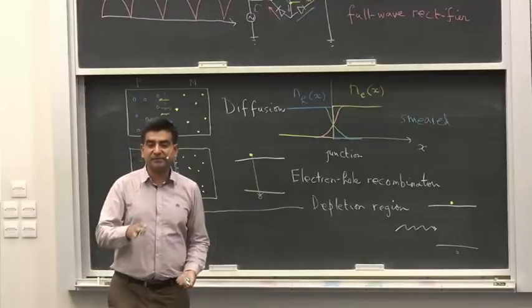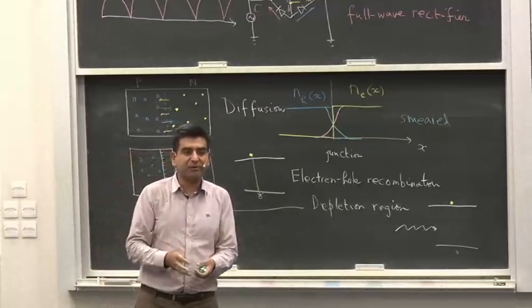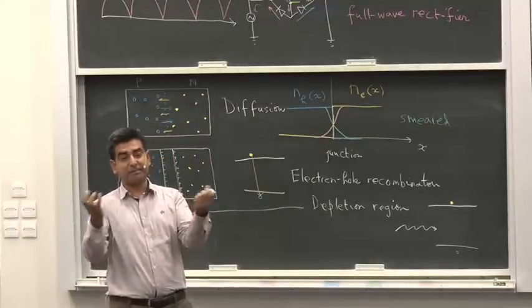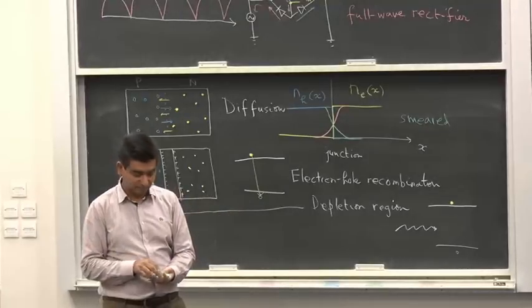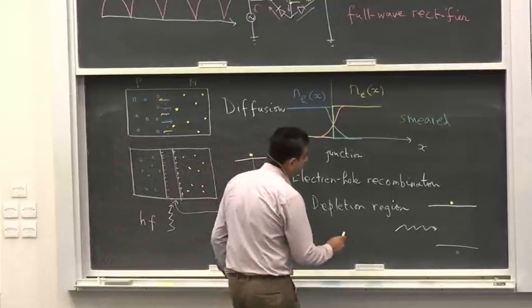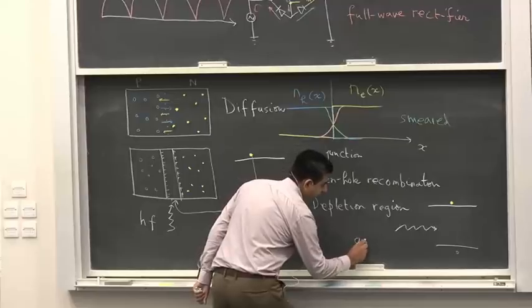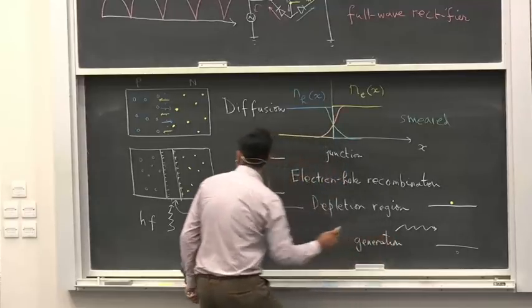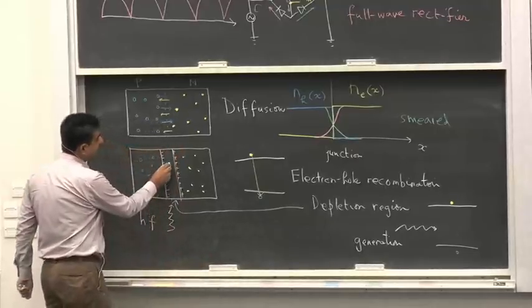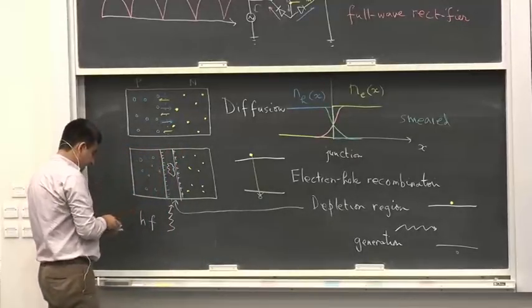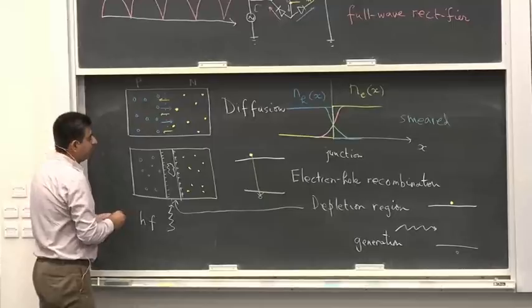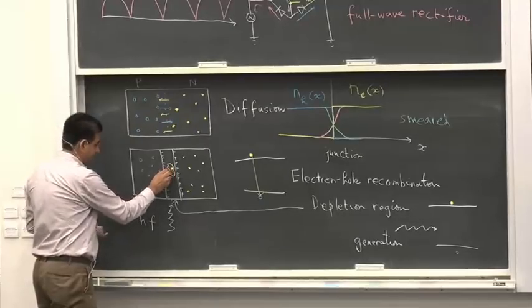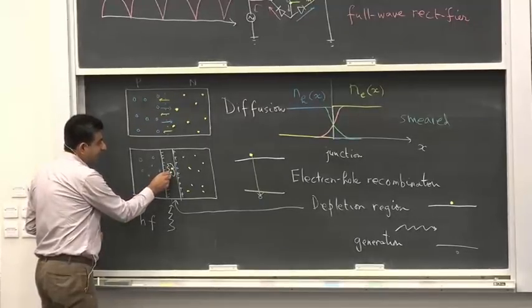So a photon comes in, brings in energy, energy has to be conserved, and it creates a pair of an electron and a hole. So electron-hole generation takes place. Inside this region, an electron and a hole can be created.